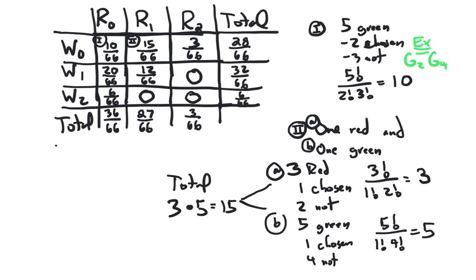And you can check that if we do add 36 plus 27 plus 3, we get 66 over 66, which is 1. That's good. And 28 plus 32 plus 6 is also 66 over 66, which is 1. So we did our little sanity check, and everything makes sense here.